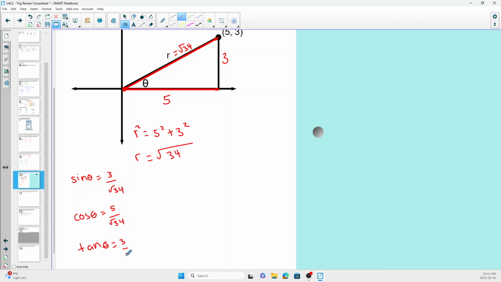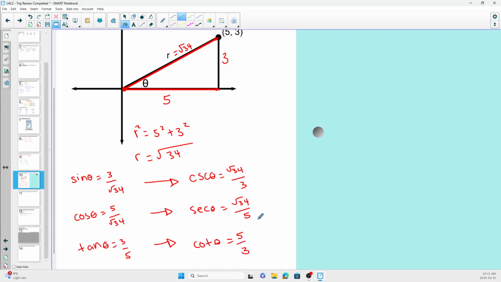We can use these to also write our reciprocal trig functions. So cosecant theta is going to equal root 34 over 3. Secant theta is going to equal root 34 over 5. And cotangent theta is going to equal 5 over 3.